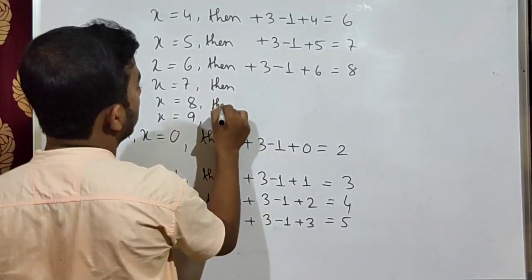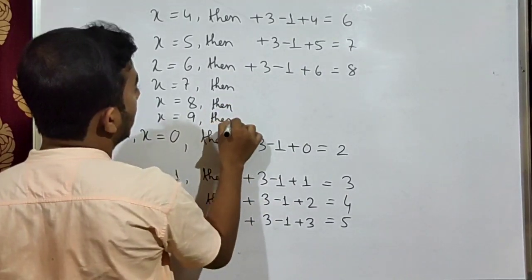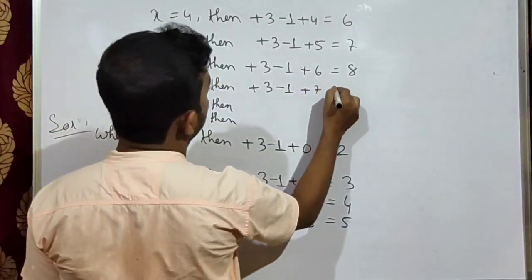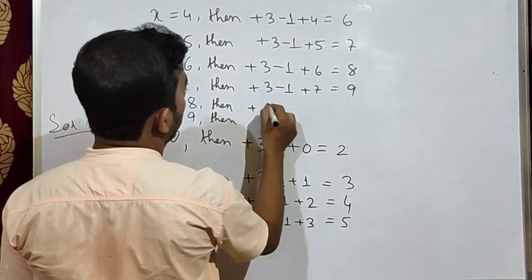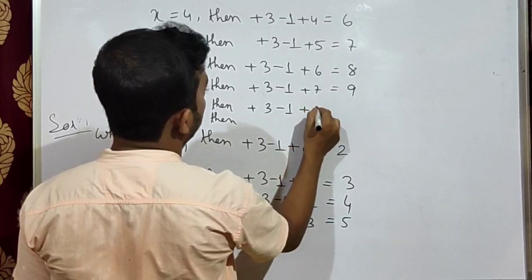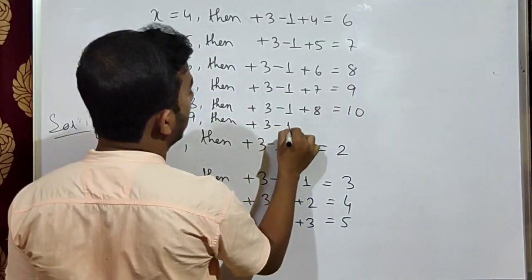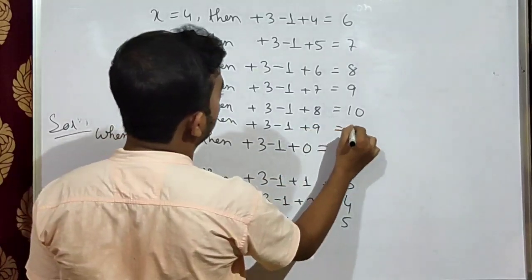Then plus 3 minus 1 plus 7 equals 9, plus 3 minus 1 plus 8 equals 10, plus 3 minus 1 plus 9 equals 11.